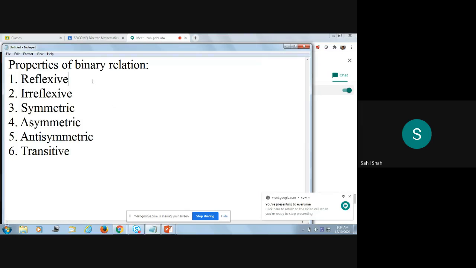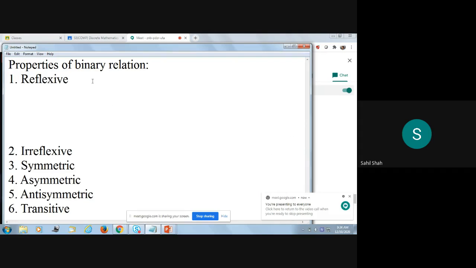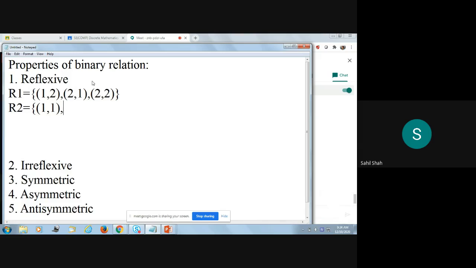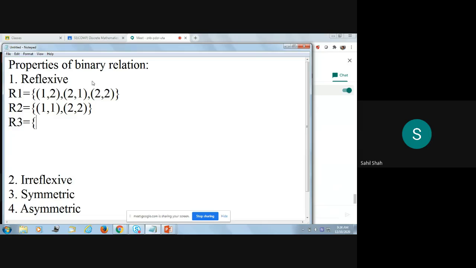So we are discussing reflexivity. My set is A equal to 1 comma 2, B is 2 comma 1, R2 is 1 comma 1, 2 comma 2, R3 is, let's say, 1 1, 2 1, 2 2.